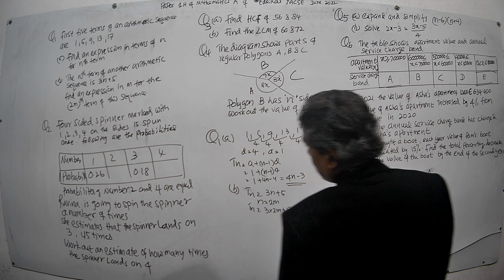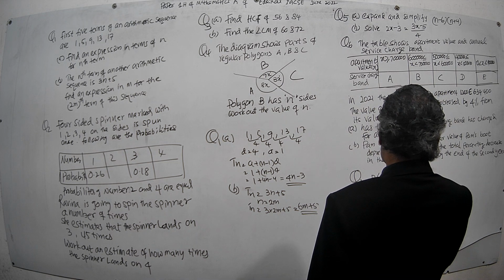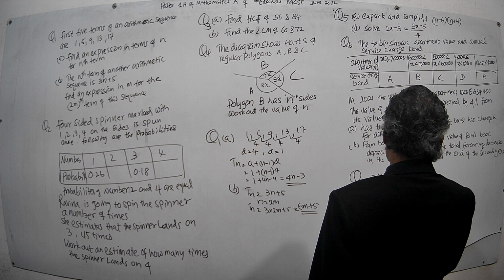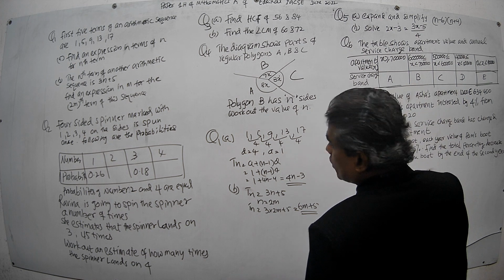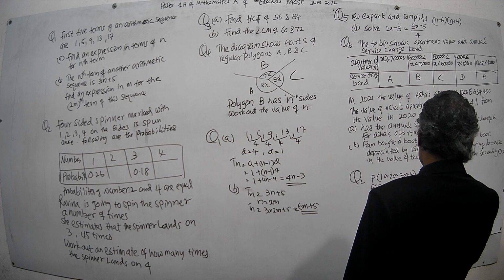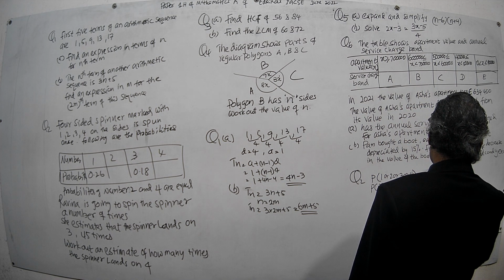Then we substitute. P1 is how much? 0.26 plus P2, we don't know. Then P3 we know. How much? 0.18. Then P4 we don't know. Right, equals again 1.